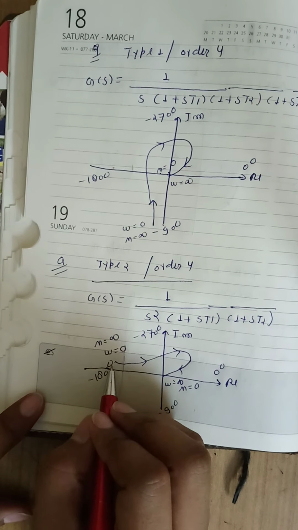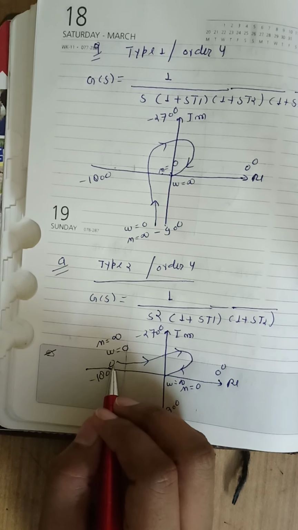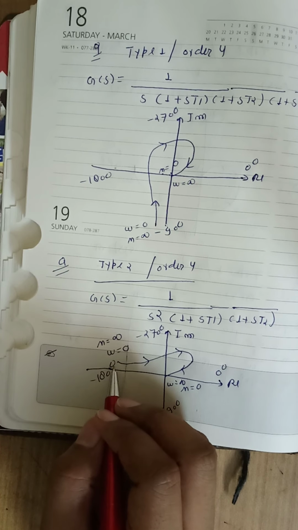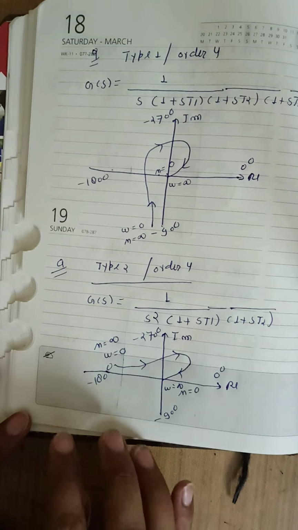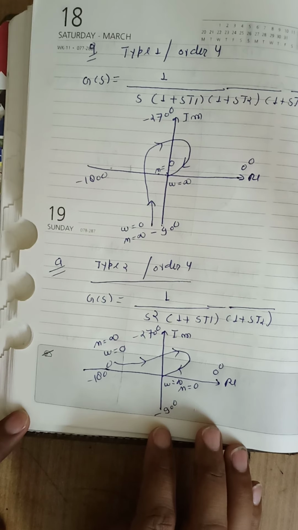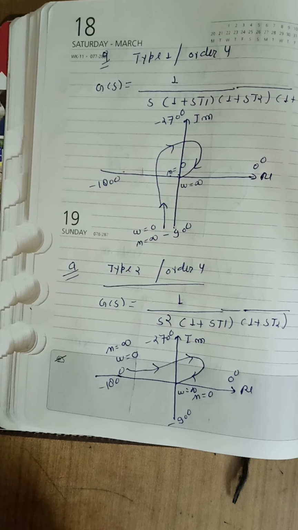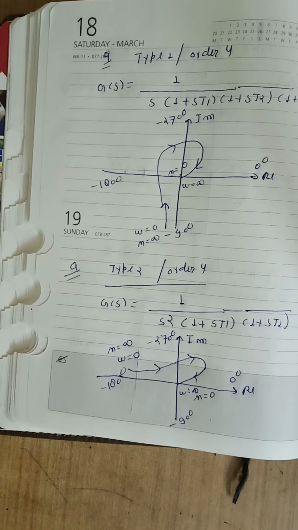That means the polar plot will start for omega equal to 0 with M equal to infinity. So we can draw the polar plot for a type 2 order 4 system. Similarly, we can draw the polar plot for different transfer functions according to the type and order of the system.